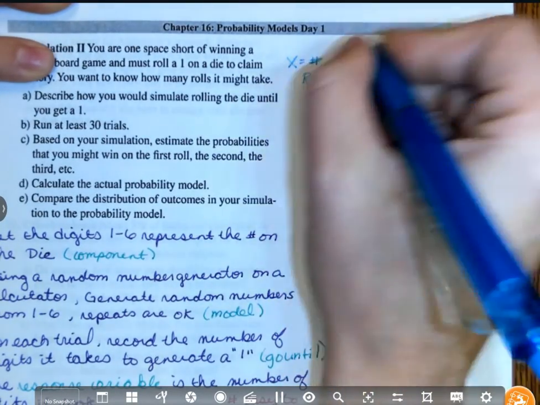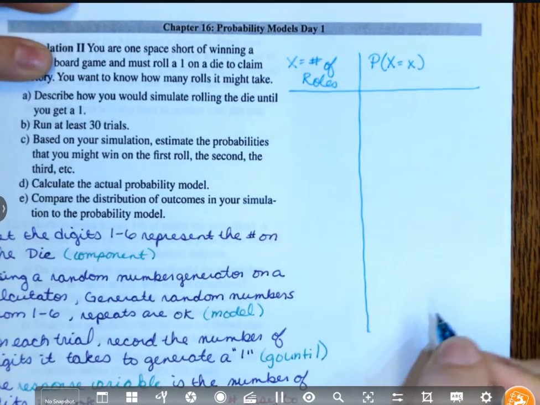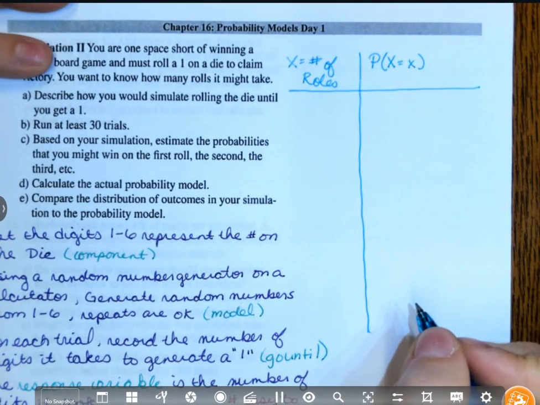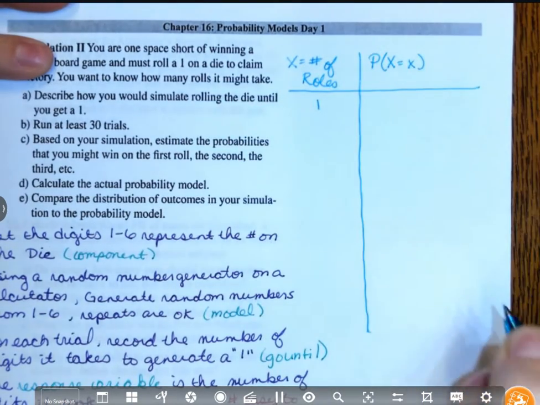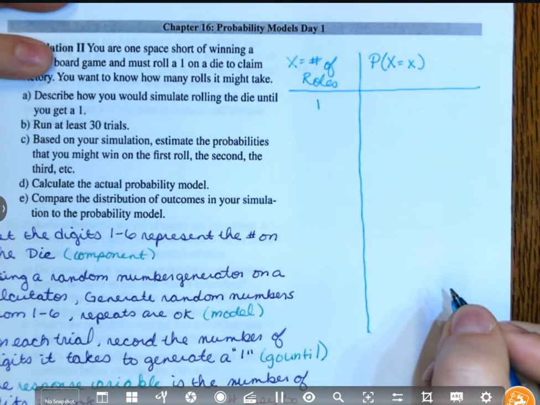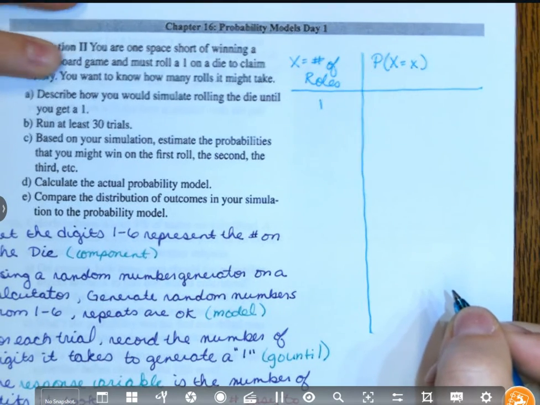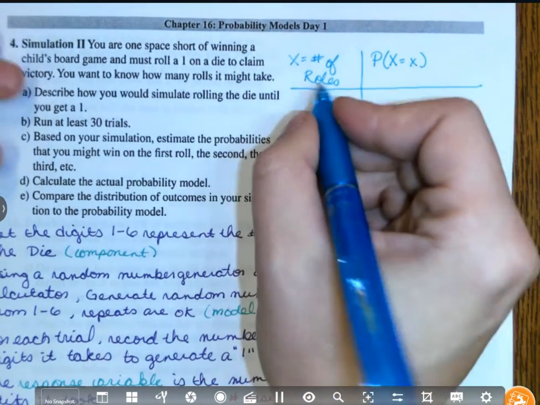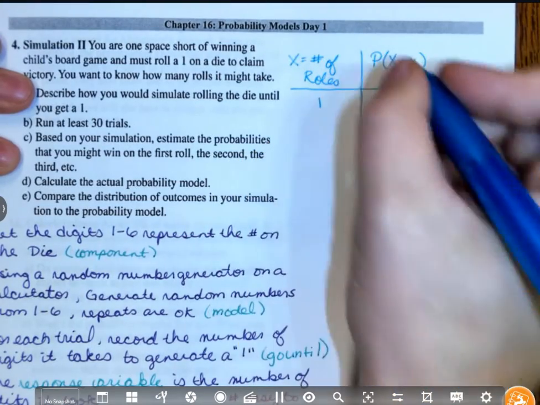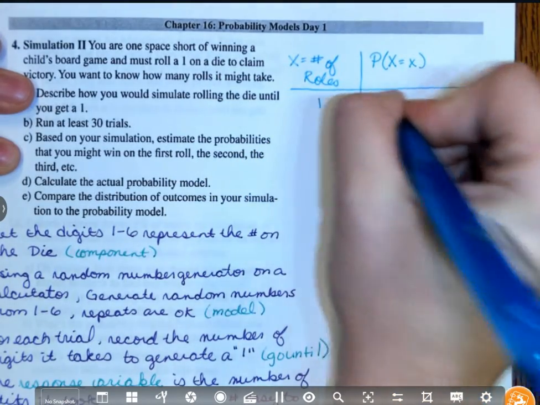Is going to go like that. And again, the fewest number of rolls it could take is how many? 1. What's the probability that you will stop on that first roll? What is it? 1 out of 6, because that means the probability of getting a 1. So that's 1 out of 6.